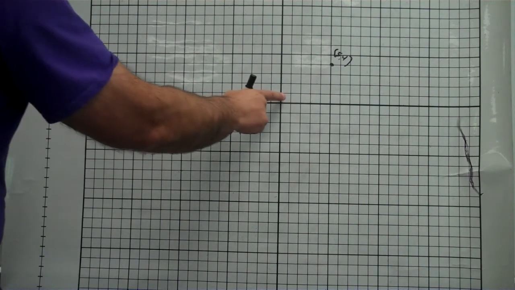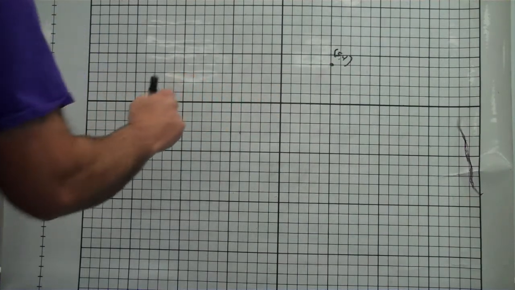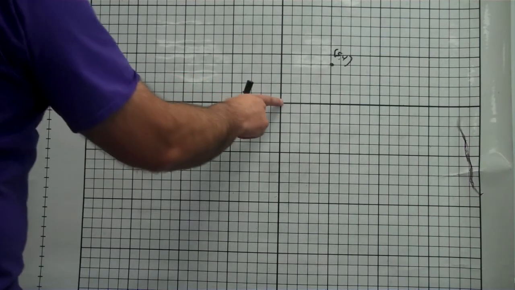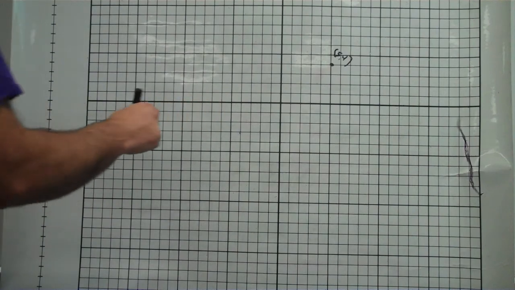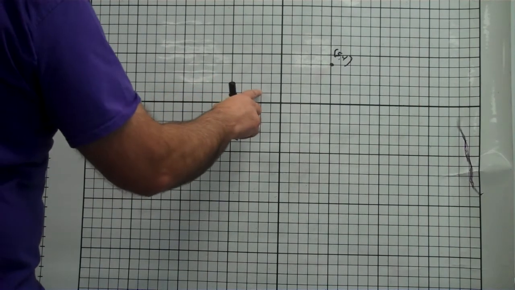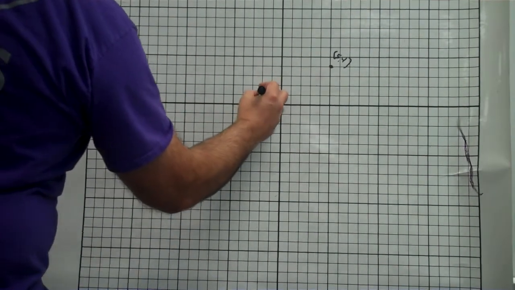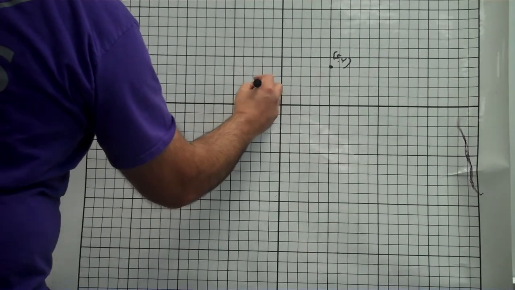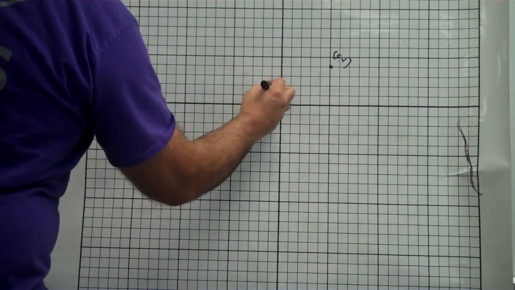If we wanted to plot negative 2, 1, we'd start off going left first because it's negative on the x-axis, so 1, 2, and then positive 1 on the y, so up 1 should be right there. Negative 2, 1.